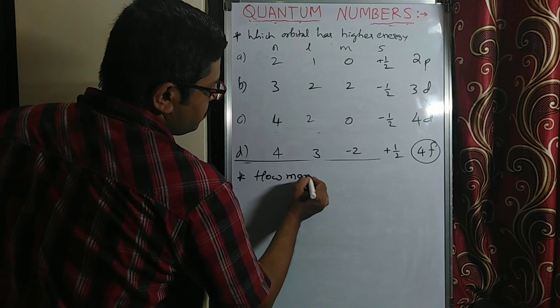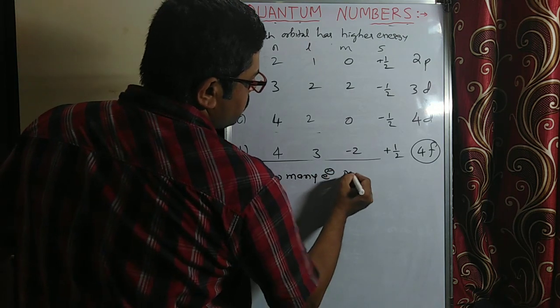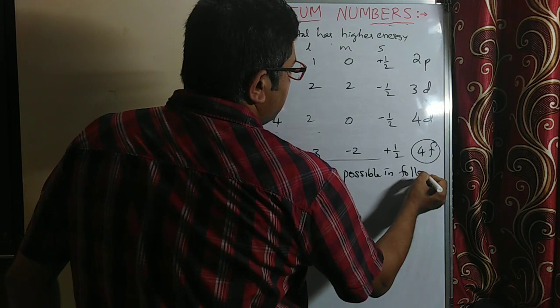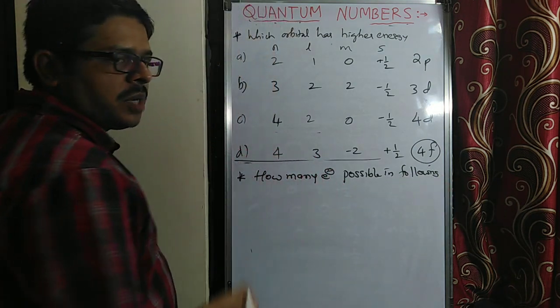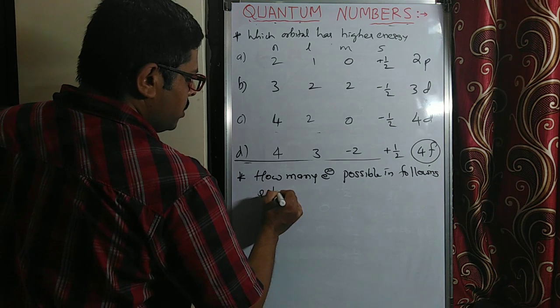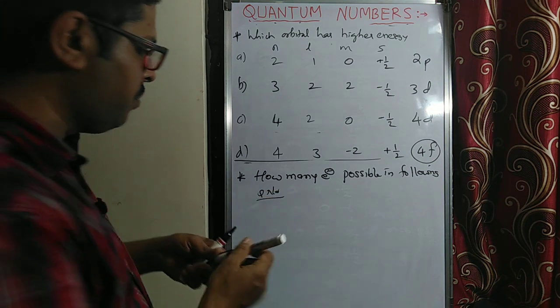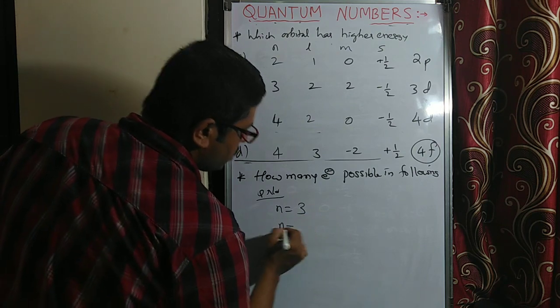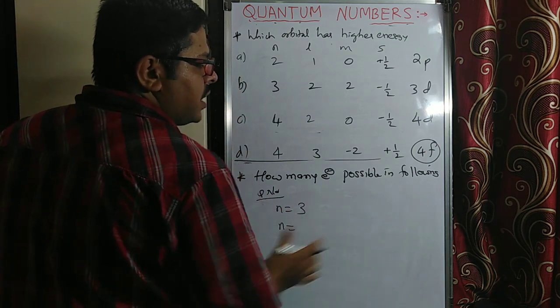How many electrons are possible in the following quantum numbers? So they have asked how many electrons are possible in the following quantum numbers. If the question is asked like this, they will give the configuration. The quantum number n is equal to 3. See, it is not the option, I will write the answer in front of that.